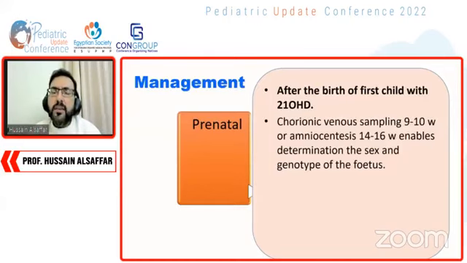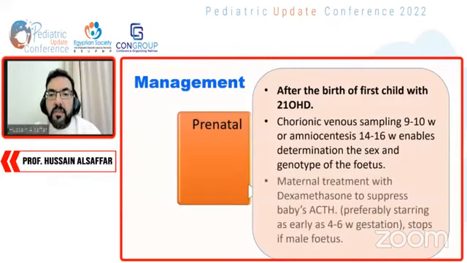Now, they said we can make a diagnosis quite early on by taking a CVS sample during the 9th to 10th week of gestation, or amniocentesis between the 14th and 16th weeks, to determine the sex first, and then to determine the genotype of the fetus.